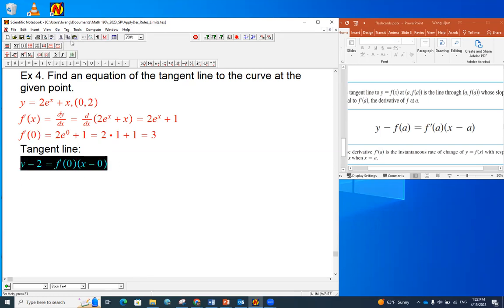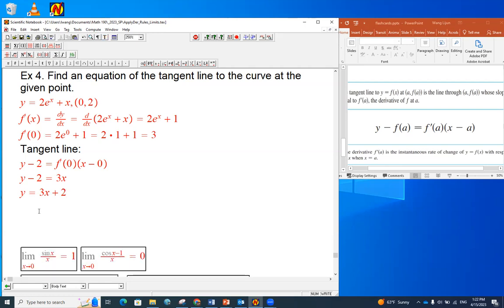And we just put numbers in place. The derivative of the function at 0 is 3. X minus 0 is x, right? So in the end, the tangent line equals 3x plus 2. Finished. Okay, so that's one of the homework questions.